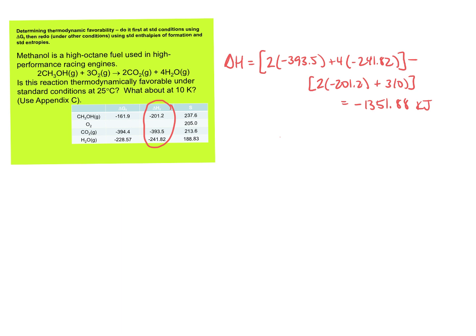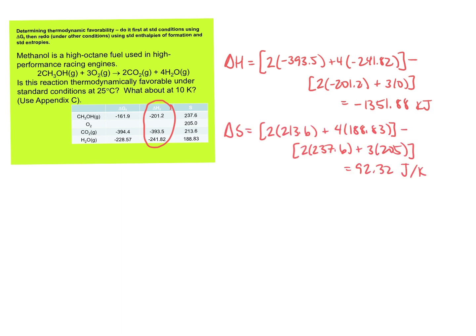All right, now let's do the same thing for delta S, and make sure you understand that the units for those are in joules per mole Kelvin, and the moles will cancel out in a moment. So go ahead and pause the video, and using the same process, calculate the value of delta S. So if you did this correctly, you have gotten 92.32 joules per Kelvin based on this column.